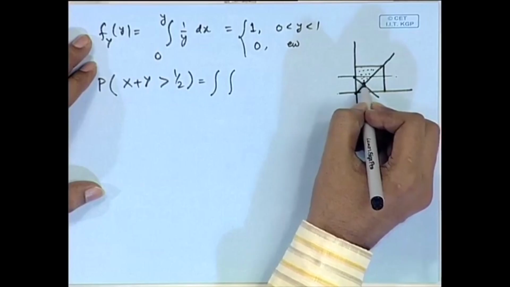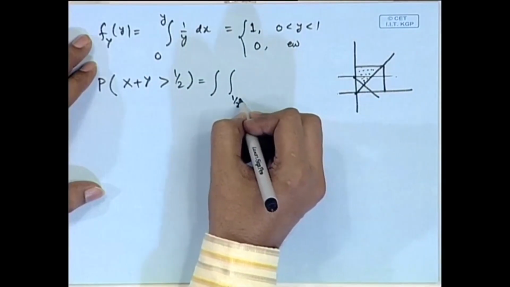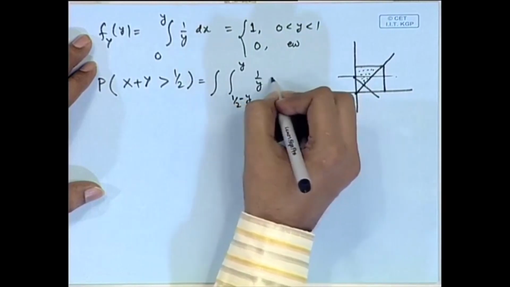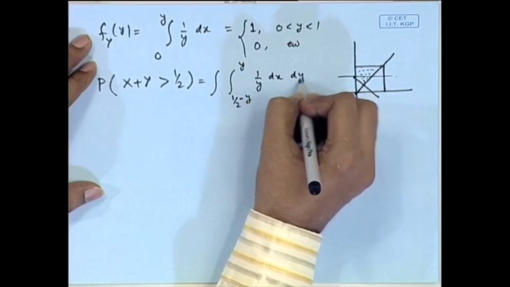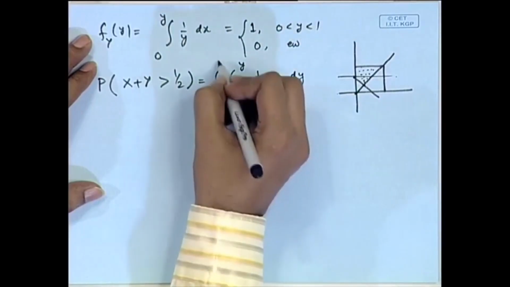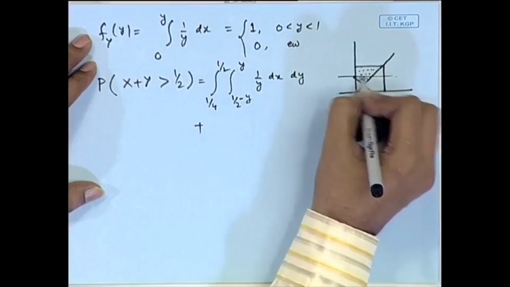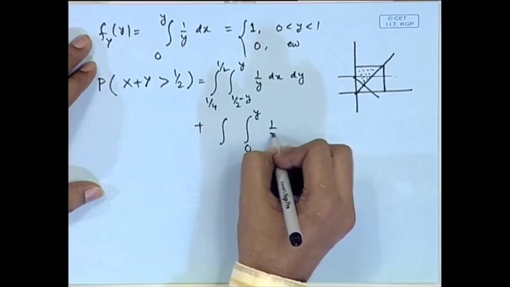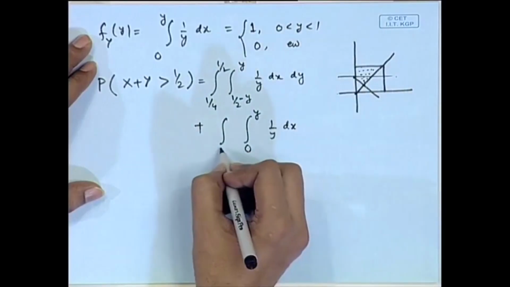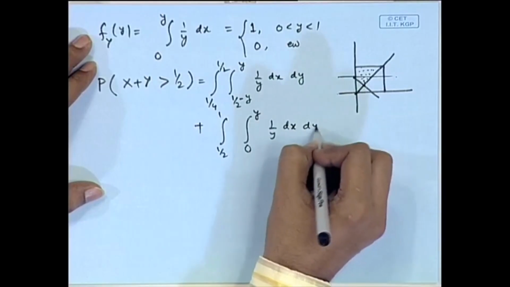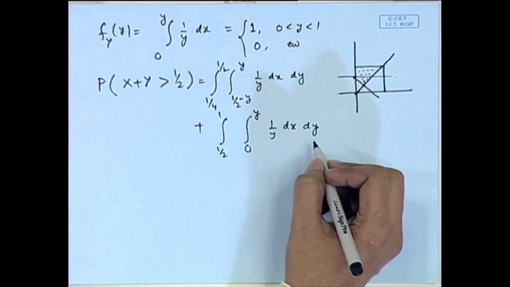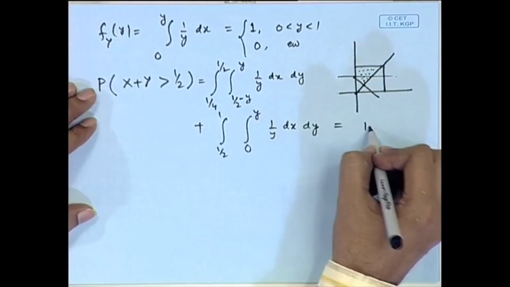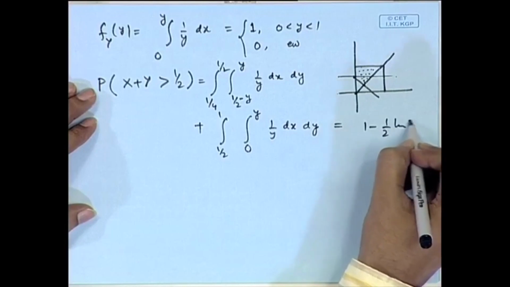Here x is from 1/2 - y to y, and y is from 1/4 to 1/2, plus in this portion x is from 0 to y and y is from 1/2 to 1. So, this can be evaluated and the sum of the two integrals is 1 - (1/2) log 2.